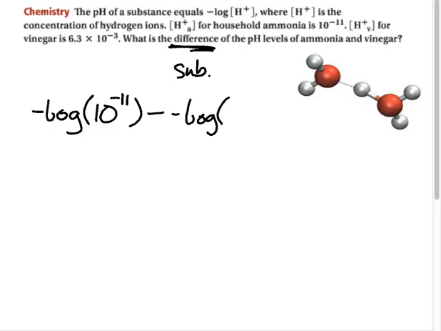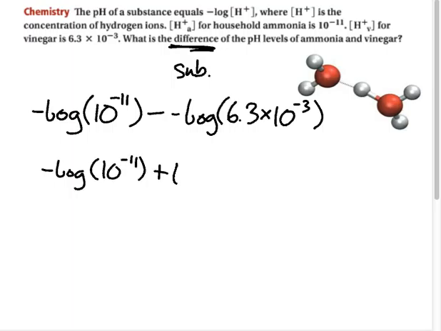And vinegar is 6.3 times 10 to the negative 3. All right, well, this double negative here turns into addition. So now I have something I can legitimately just type into my calculator.